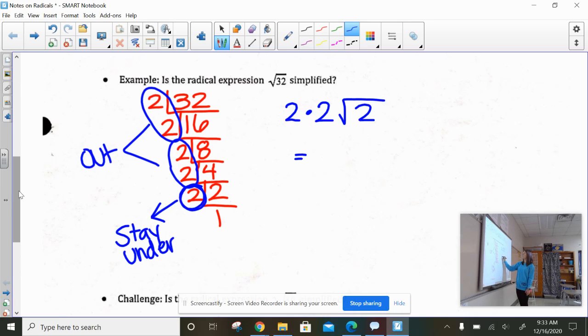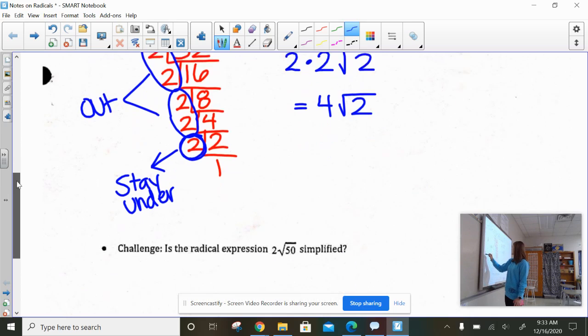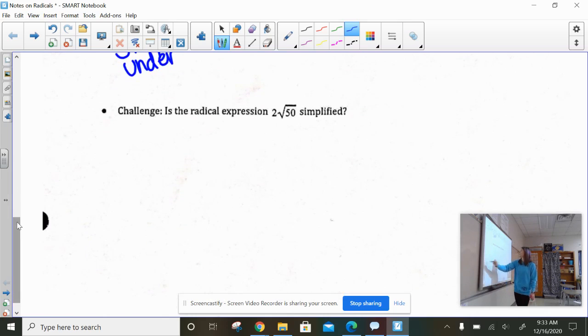Simplifying that, 2 times 2 will give me 4 square root 2. And that's your simplified version of the square root of 32. All right, and let's look at the last one.